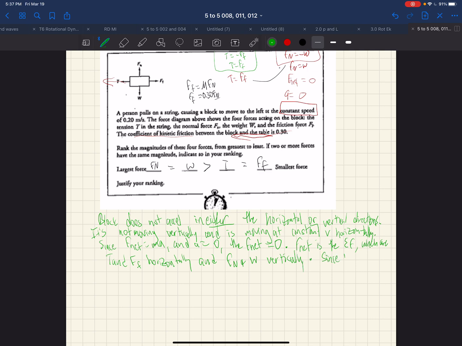Since both pairs add to 0, each of them is equal and opposite to the other. And we want to qualify it so it's clear: T is equal and opposite to the force of friction, and W is equal and opposite to Fn.